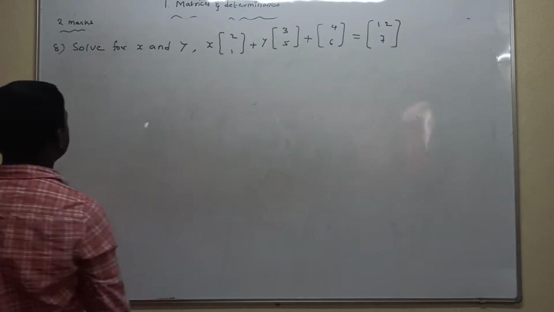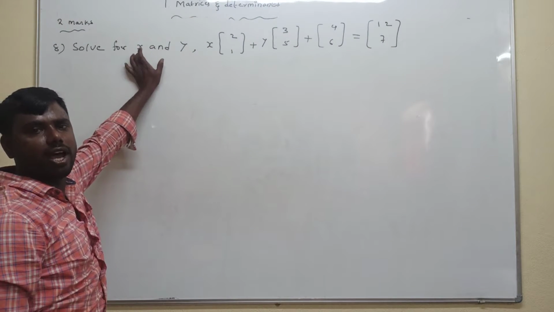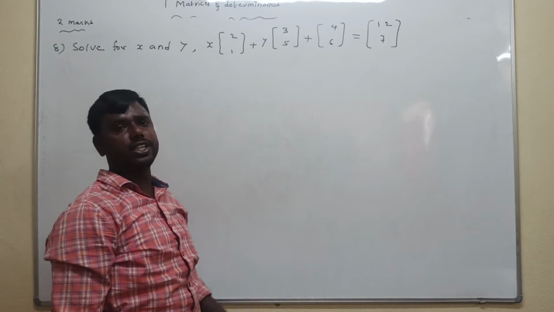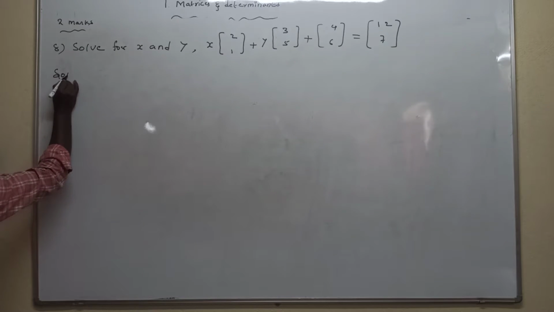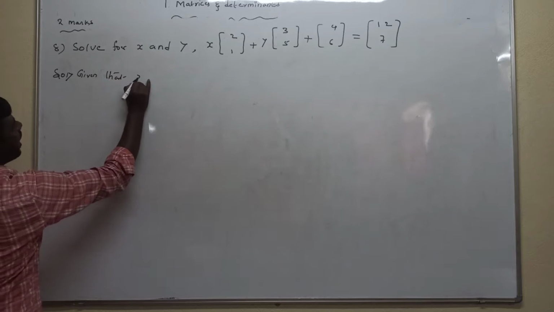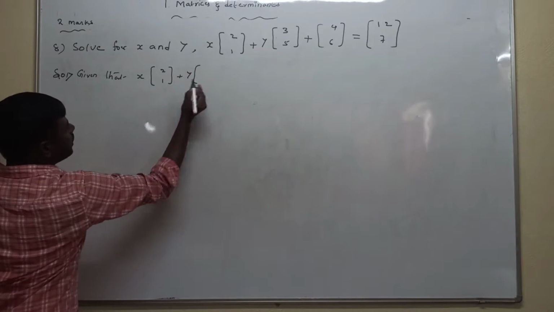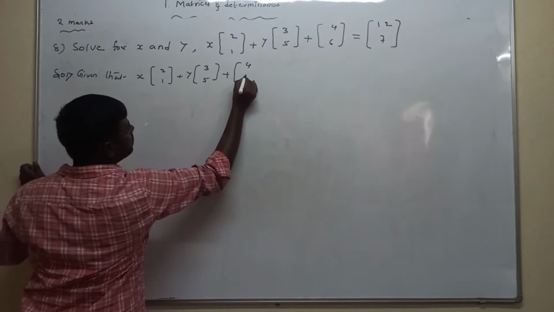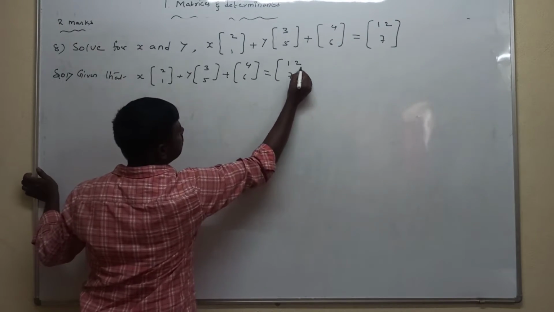Observing this question, solve for x and y means find the values of x and y. These are the given conditions. By using these, find the x value and y value. First, you should write the given condition: x into 2, 1 plus y into 3, 5 plus 4, 6 is equal to 12, 7.